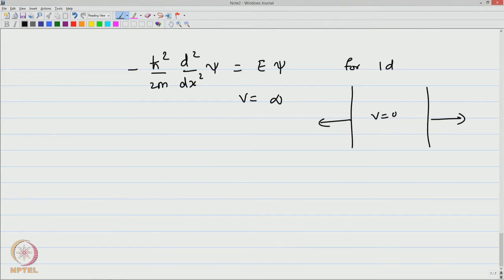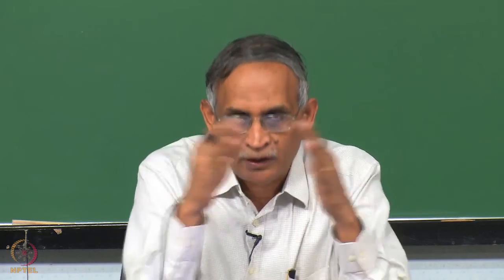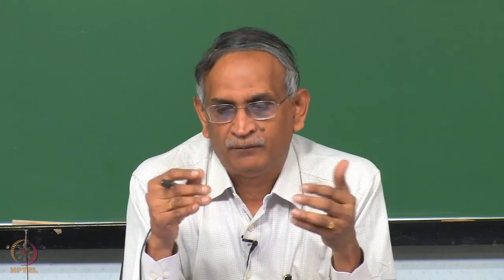There is no potential here, but it is the infiniteness of the potential that restricts this solution to psi of x equal to square root of 2 by L sine n pi x by L. Therefore, the Hamiltonian does incorporate the boundary conditions through the infinite potential, and it is not just p square by 2m, it is p square by 2m plus the boundary, and that particular operator obviously does not commute with the operator p. Therefore, the eigenfunctions of the operator p and the eigenfunctions of the operator p square are not the same.